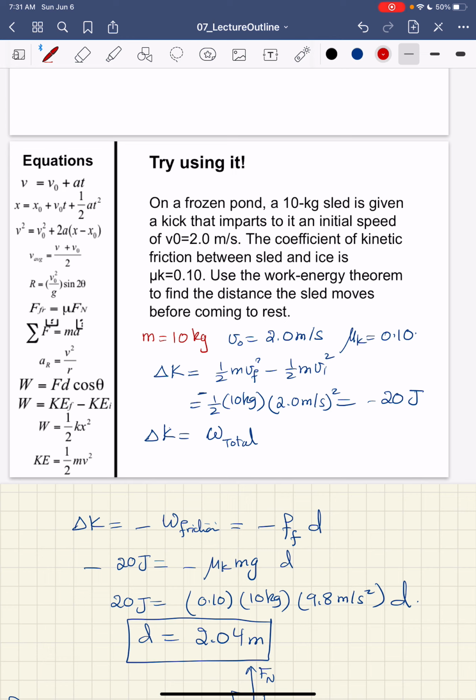Finally, the sled is going to reach zero velocity, so its final velocity is 0, and I will have here negative 1/2 times 10 times 2 meters per second squared, which gives me negative 20.